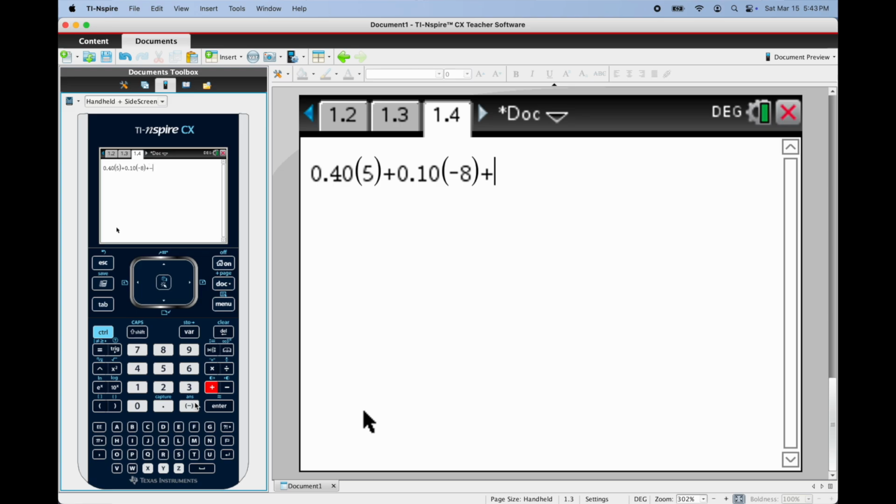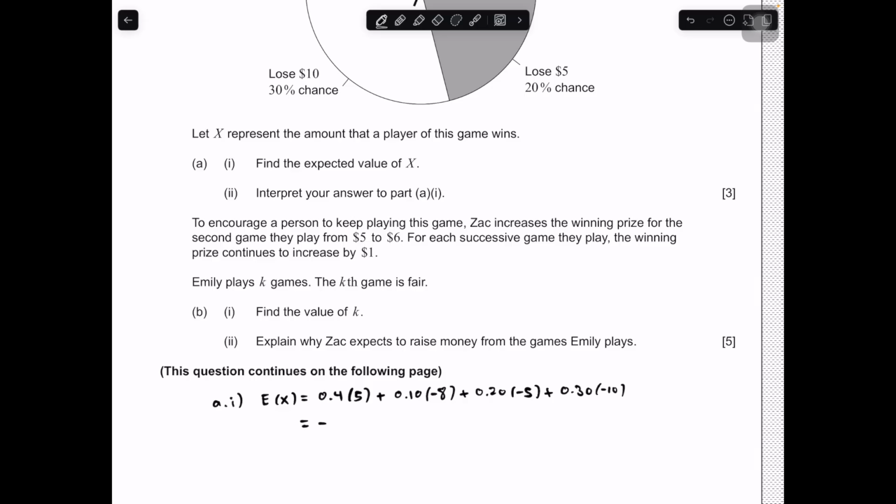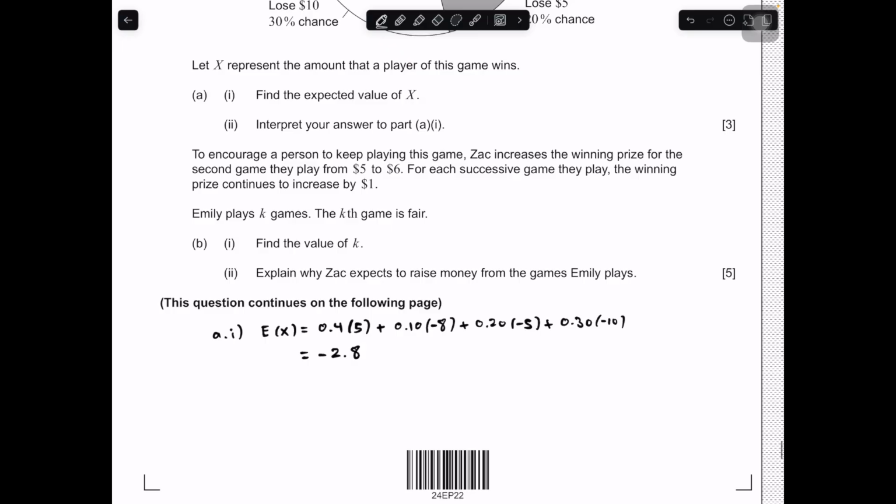Plus 0.20 times negative 5, and then lastly this 30% chance where we lose $10. Alright, overall we can expect to lose $2.8 on average. So I'm going to go back and write that out on the document. So negative 2.8.